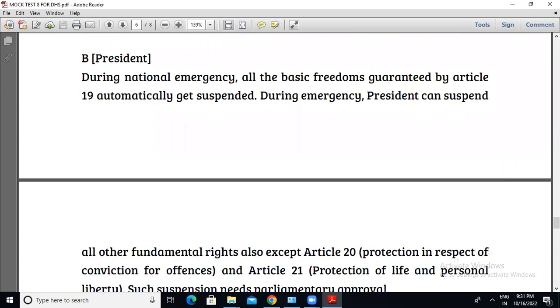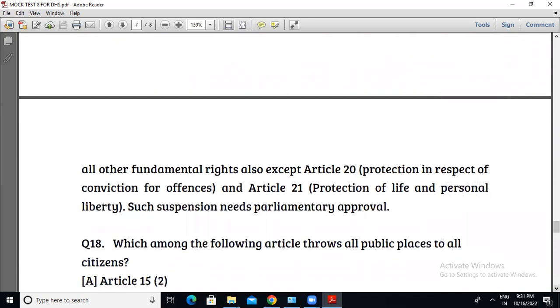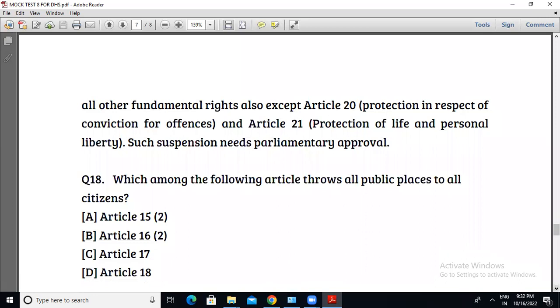During emergency, the President can suspend all other fundamental rights except Article 20, protection in respect of conviction for offenses, and Article 21, that is protection of life and personal liberty. Such suspension needs parliamentary approval. So the President can suspend all except Articles 20 and 21; the rest get suspended during emergency.